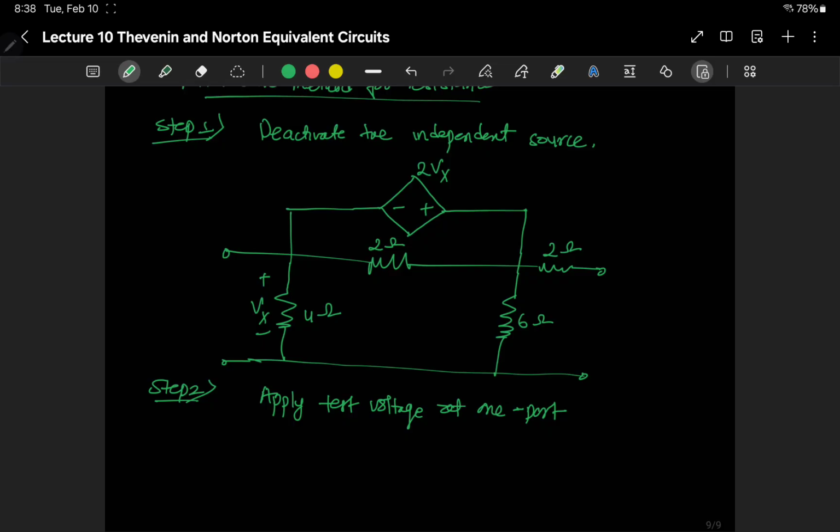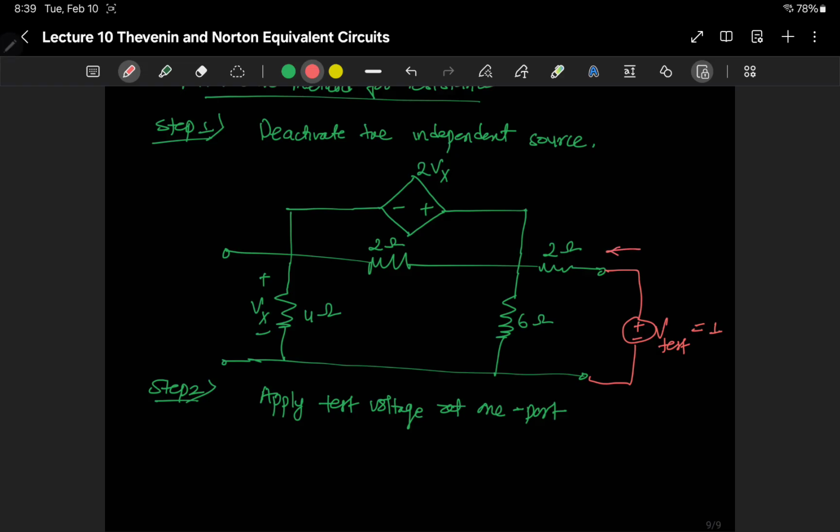Let me write with a different pen. So this is our one port, and we are going to apply a test voltage here. Insert a voltage source which we call V test, and a good value to pick for the test voltage is 1, because then once we calculate the current, the resistance is just 1 divided by the value of current, so it's easy to calculate.